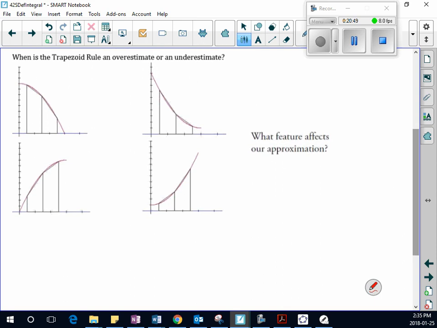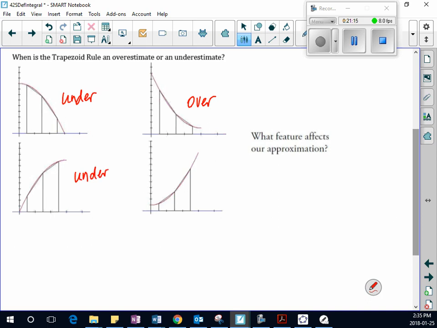So when is the trapezoidal rule an overestimate or an underestimate? Oh, no, this is over. I'm being confused, but they're so close together. Okay, so this one is an under. This is an over. This is an under.